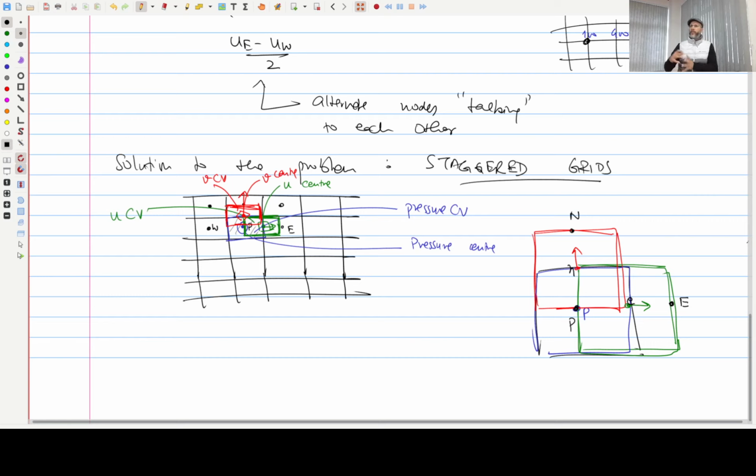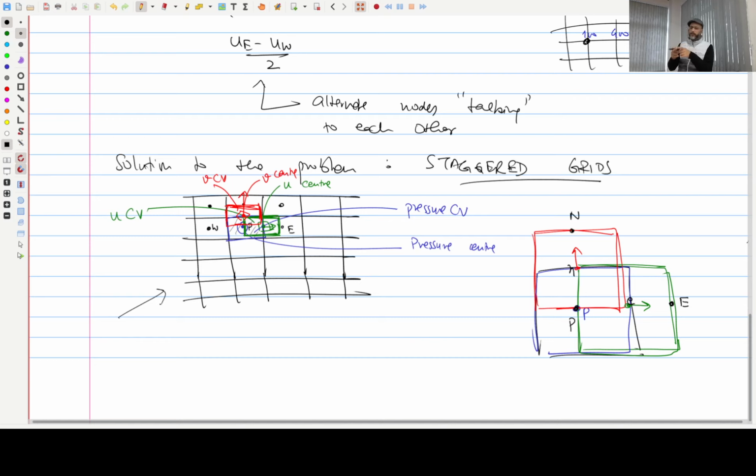Now we'll use the words mesh and grid. Mesh will denote the actual mesh that you formed from your geometry, where the black one is the mesh. But for the control volumes discussion, we'll call them grids. So the grid for u velocity and the grid for v velocity are different from the mesh that you have. And the grid for P, that is the pressure, is the same as the mesh.